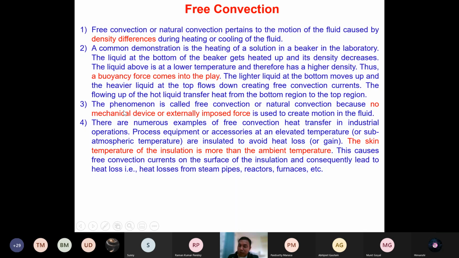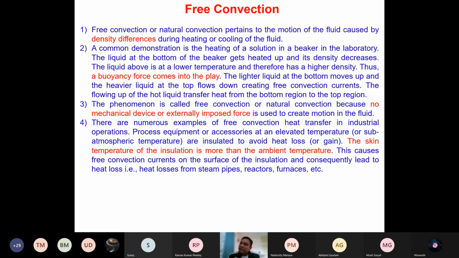The turbulence is caused basically by a density difference because of the temperature difference at two points. Got the point? Yes, sir. So that is the difference. If you put some stirrer inside, then it is not natural convection, because then the motion of the fluid is created by the mechanical part. Got the point? Yes, sir.